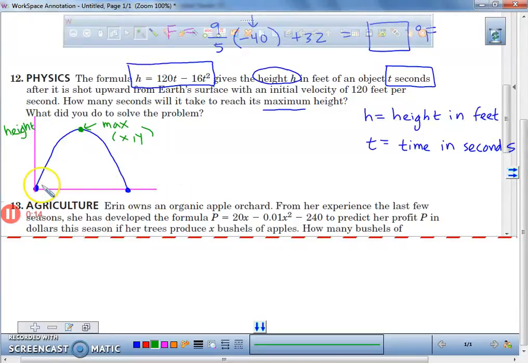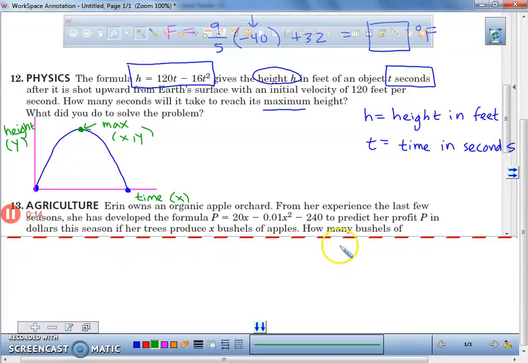So if that's the height, what does everything going along the bottom represent? Time. So this is the time. So which axis is dealing with time? The x-axis. So time is x, and it looks like the height would have to be the y value.